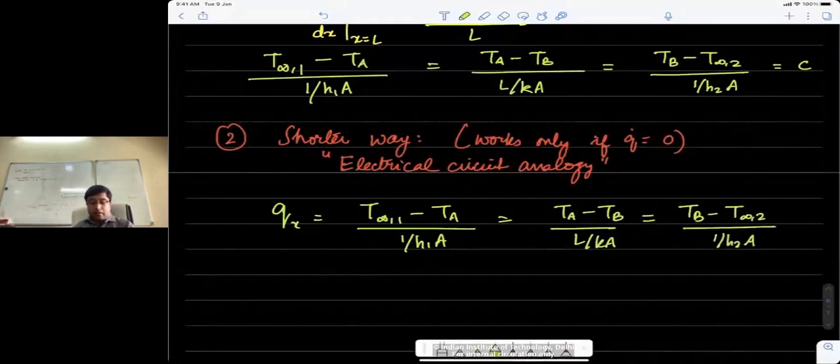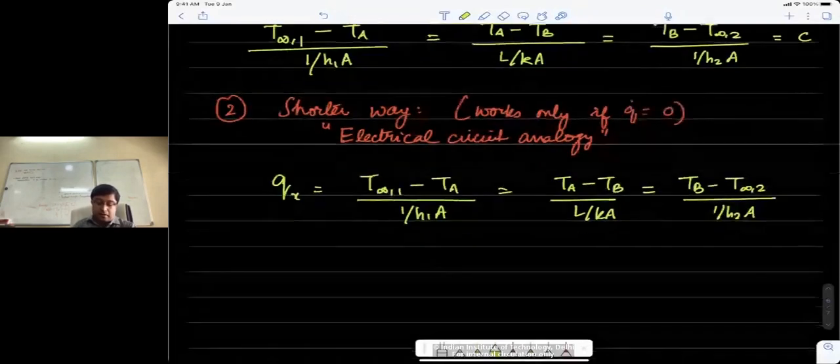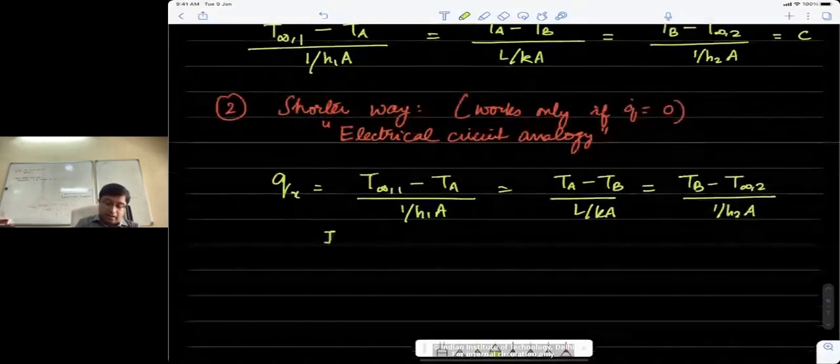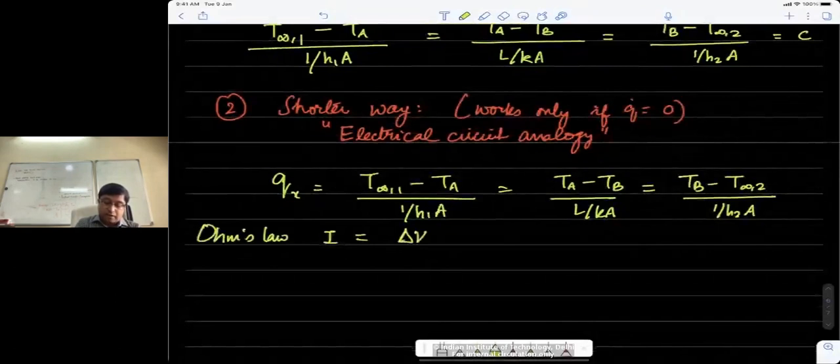So in Ohm's law, if you remember, current is some potential difference divided by resistance. Here we are going to use the same analogy, that Qx is what I can call the heat current.